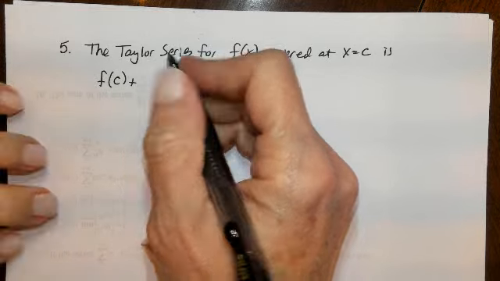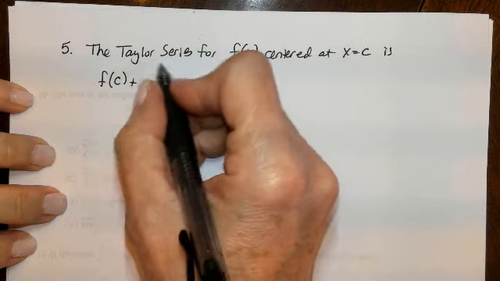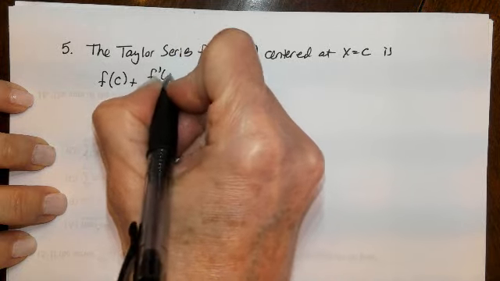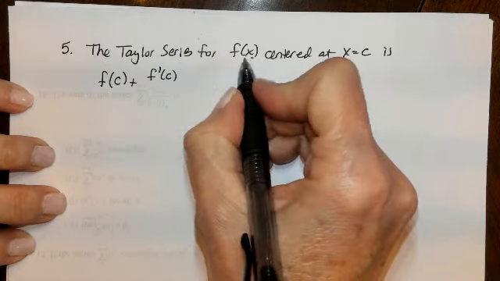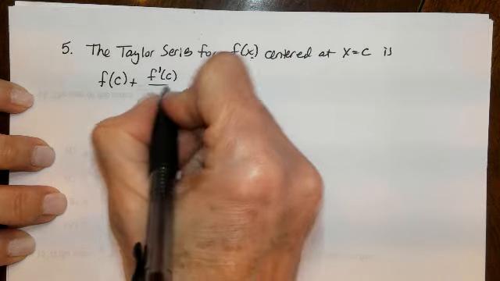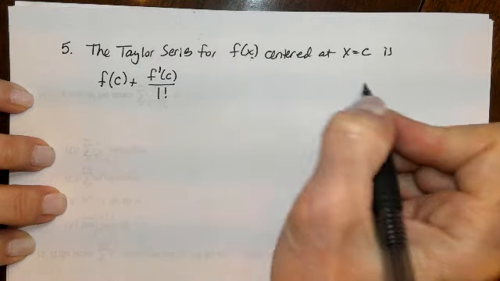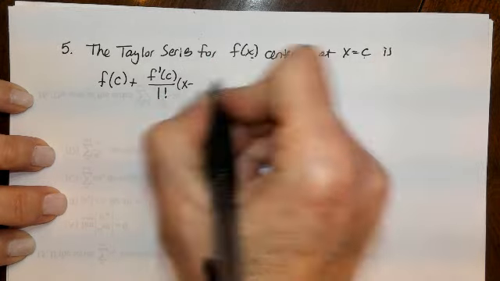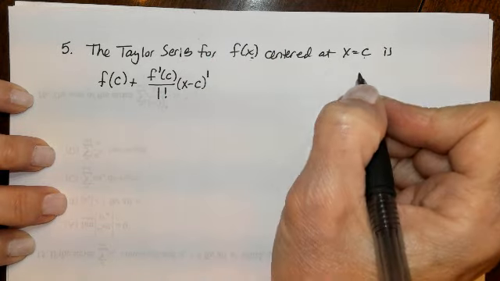All right? So we're going to start with the first derivative. So this is the first derivative of f at c. We divide by 1 factorial and we multiply by x minus that center value to the first power.